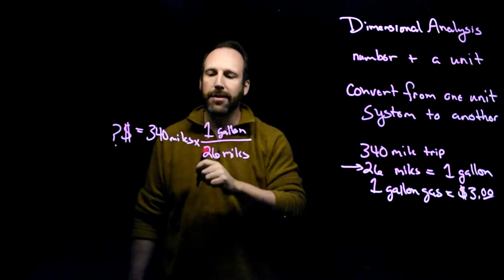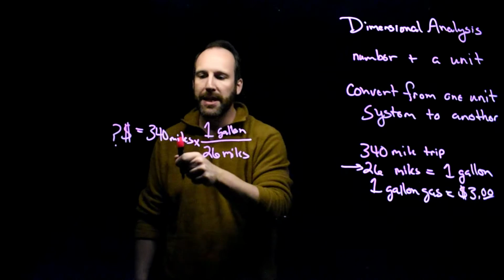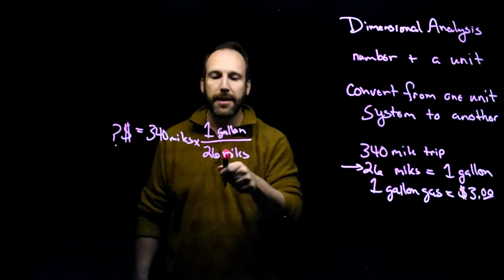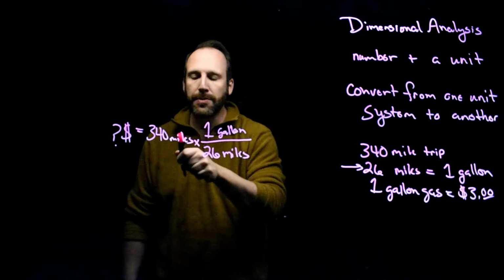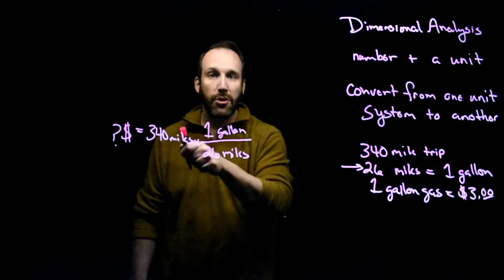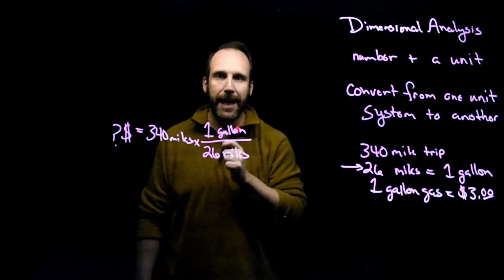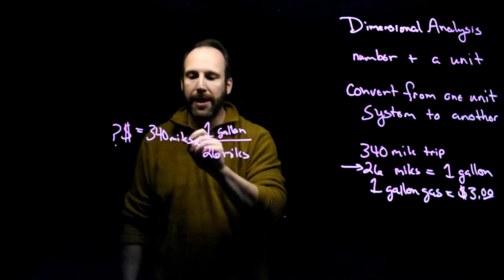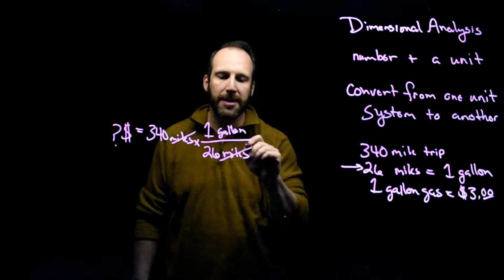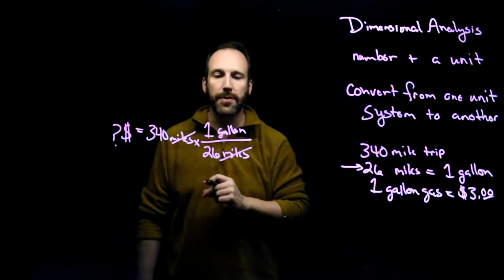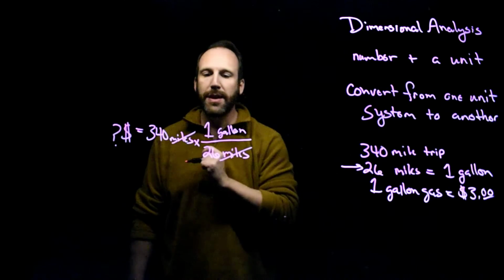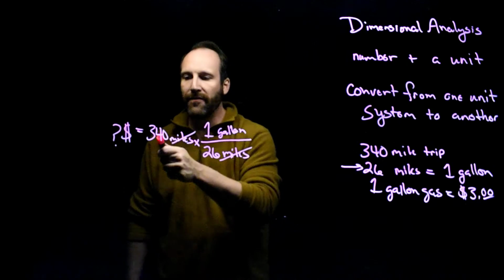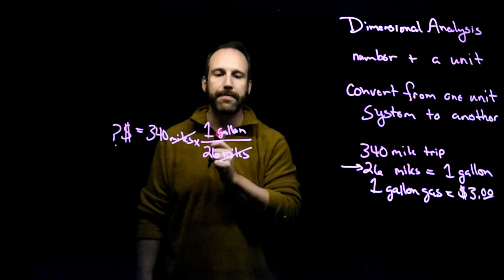Okay, we can do that math. But look what happens to the units. It's miles times gallons divided by miles. Miles is going to be in both the numerator and the denominator of our final fraction here. And remember, if you have units that are in both the numerator and the denominator, those units cancel. So right now, the only unit that I have left is gallons. I've converted miles into gallons, right?